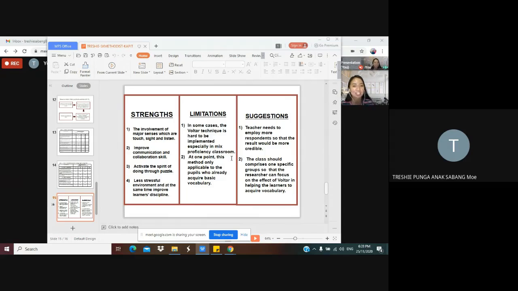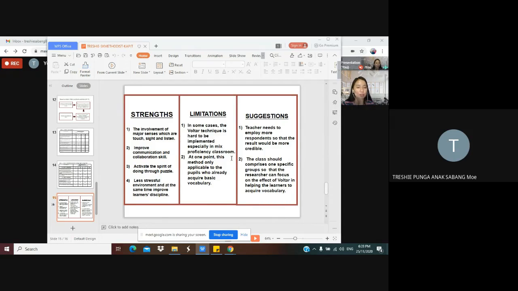And citation, teachers need to employ more respondents, of course, so that the result will be credible. Yes, obviously, this is my first time doing it in my own school. So I think I should involve more, so that I can see the actual result.